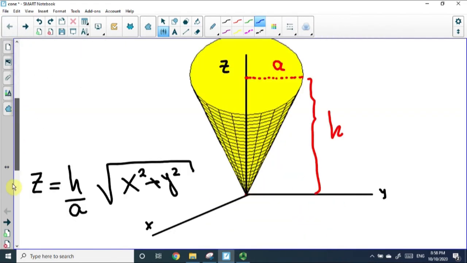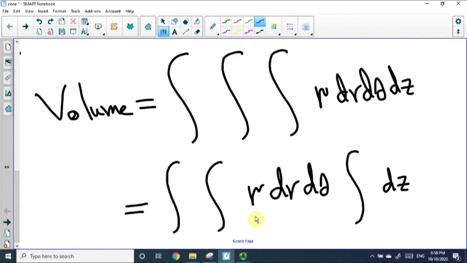So now let's go back, and I will put the limits of z from z equal h over a multiplied by the radius r, and then it will go up to h. This way I found the limits of integration for z.